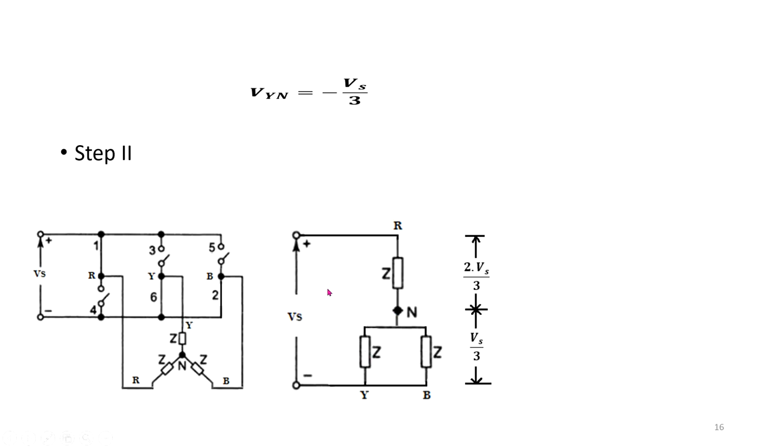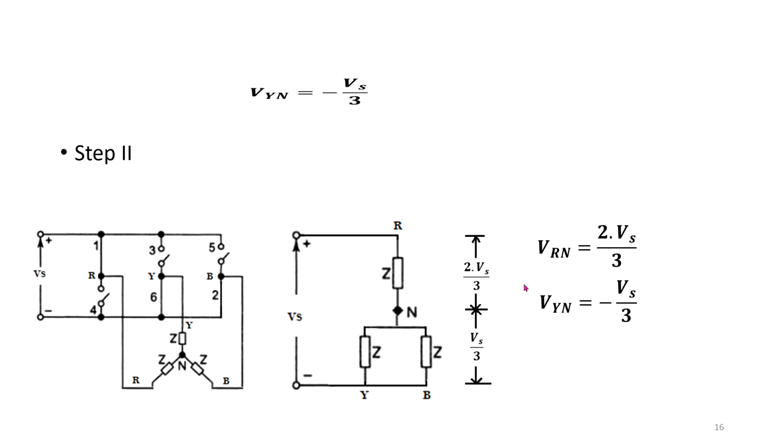When we apply the voltage division rule across these two, since this is half, the voltage is divided in 3 parts. 2/3 will appear across phase R to N, and the rest, 1/3, appears across Y to neutral and B to neutral. Let's write down these things. VRN is 2Vs/3.